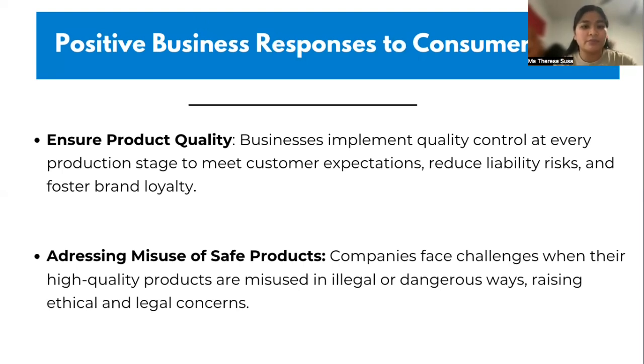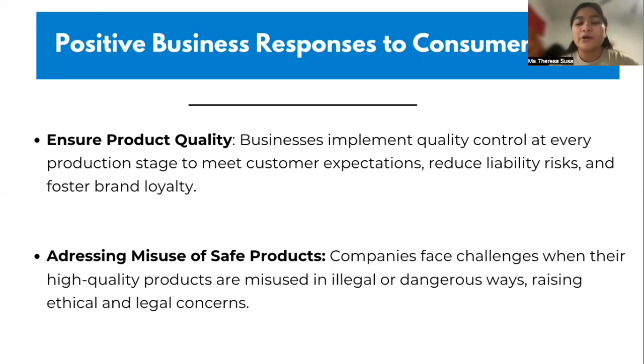The second one is addressing the misuse of safe products. When a safe and high quality product is used in illegal or dangerous ways, these companies face challenges, raising ethical and legal concerns.